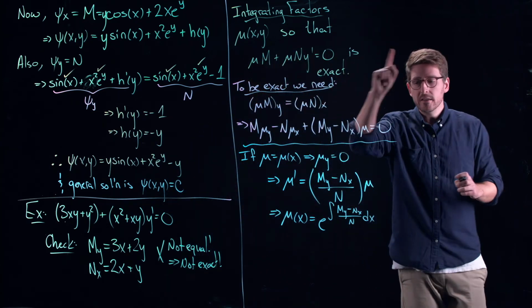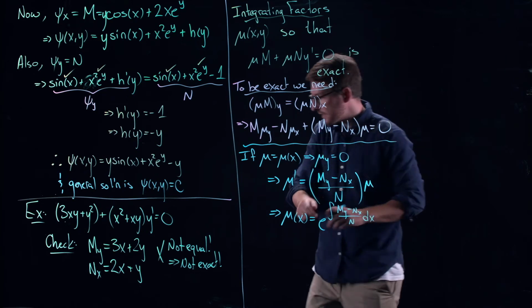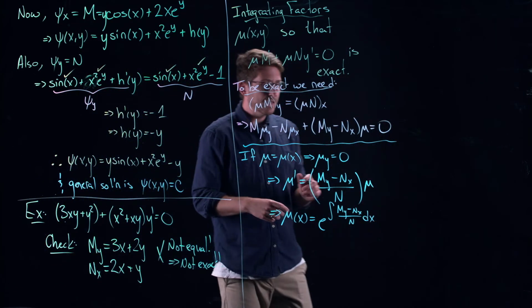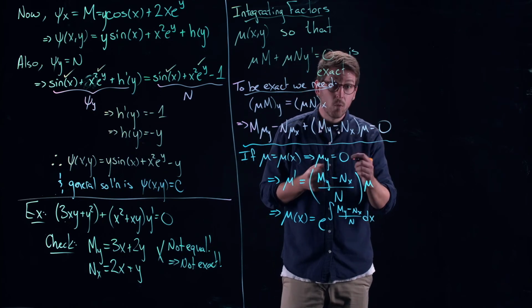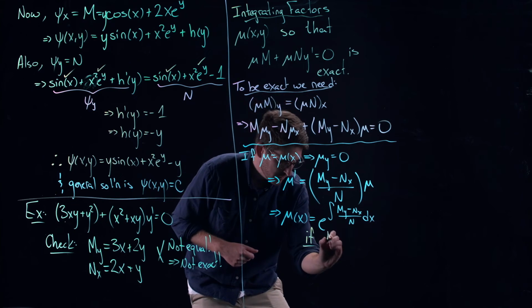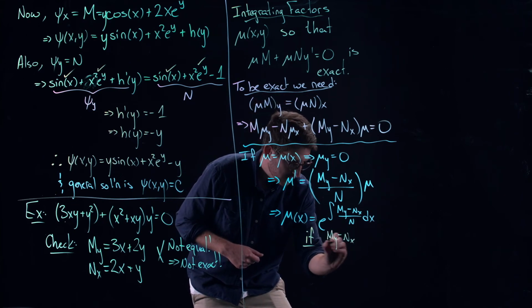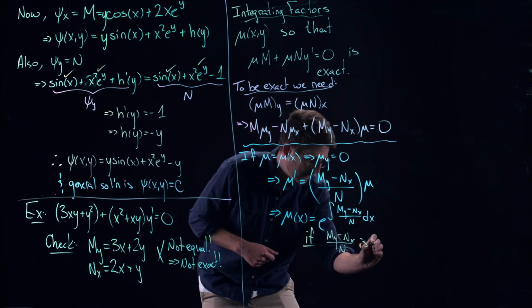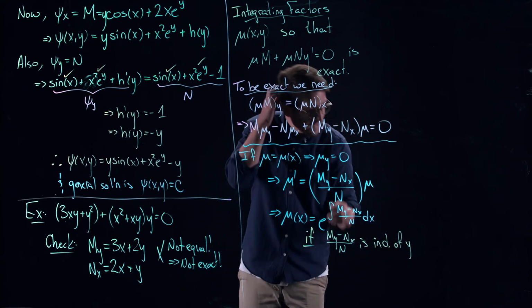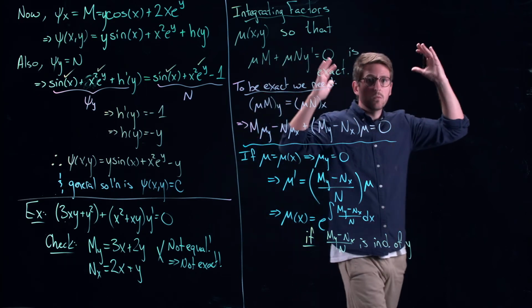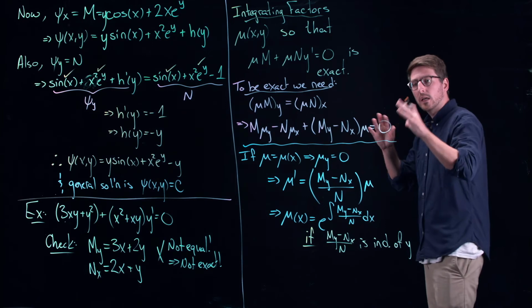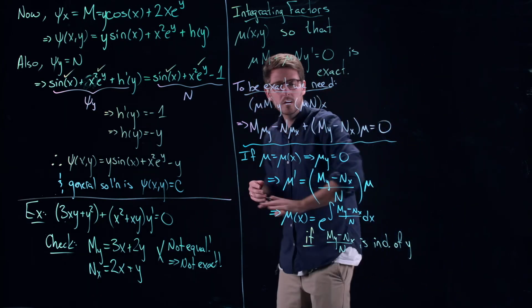The only way that this is going to work is if this thing right here, what's playing the role of p of t, is independent of y. So if this term, my M_y minus N_x over N, is independent of y. Okay, that's the only way that this thing is going to work, is if that thing doesn't depend on y. And I'll show you an example in a moment. We're going to go back to this example, but bear with me.